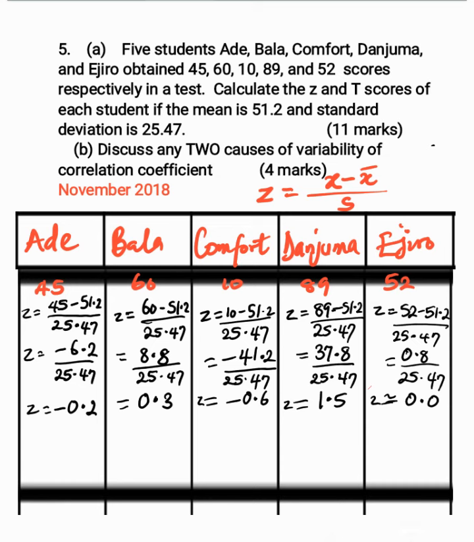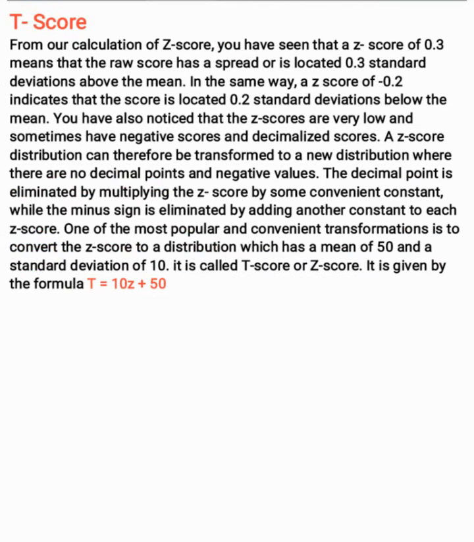So this is how to calculate the Z score anytime we are given this kind of question. Now let's talk about the T score. From our calculation of Z score, you have seen that a Z score of 0.3 means that the raw score is located 0.3 standard deviations above the mean.